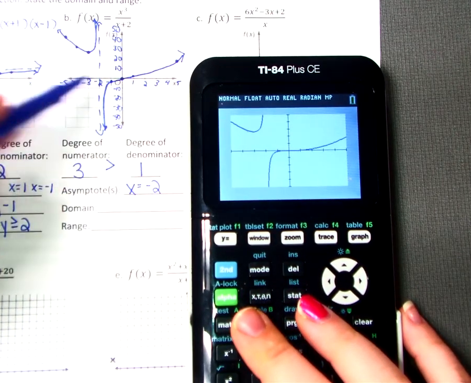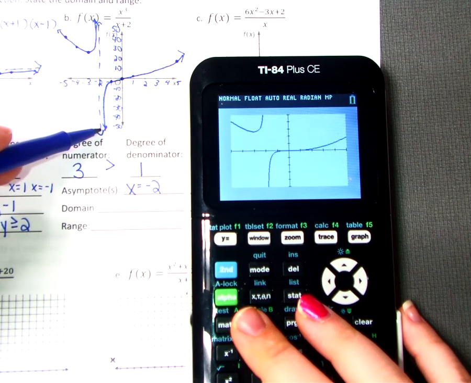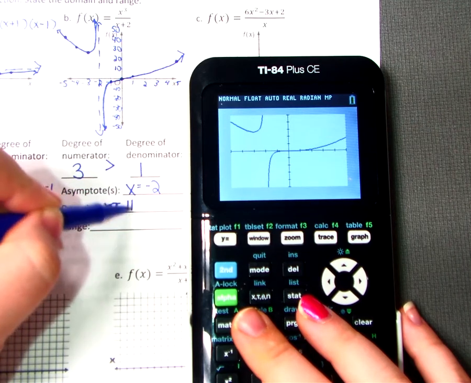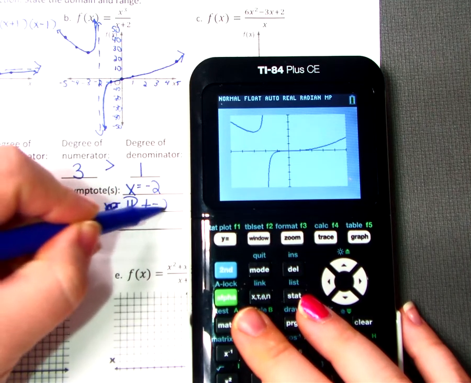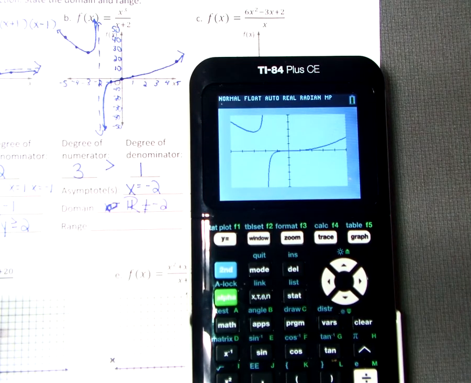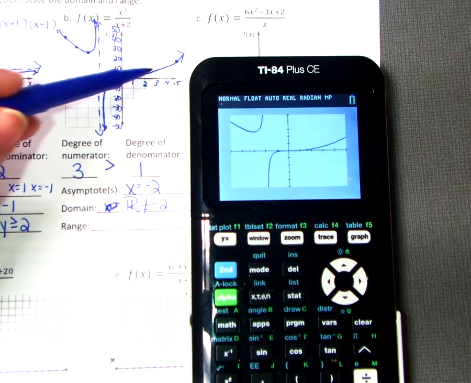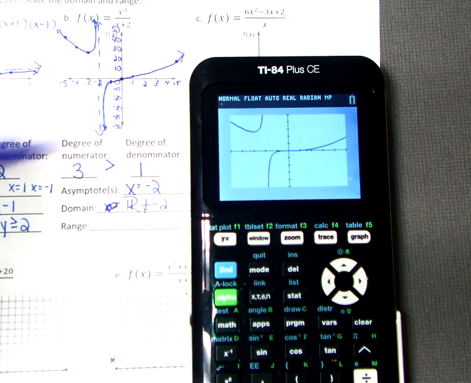That's the only thing that x can't be. And then our range goes all the way off the graph below, and this branch takes it all the way above. So our range is actually all real numbers.